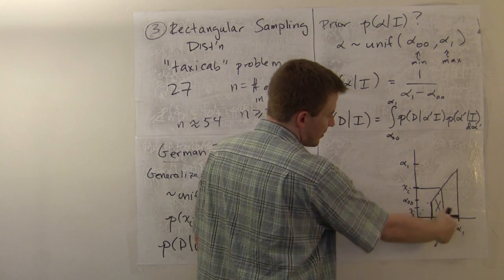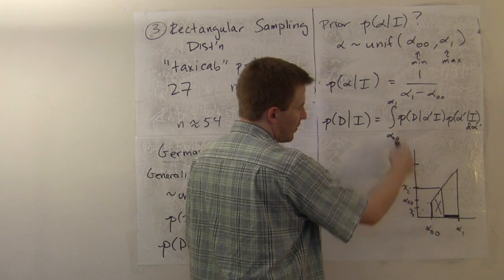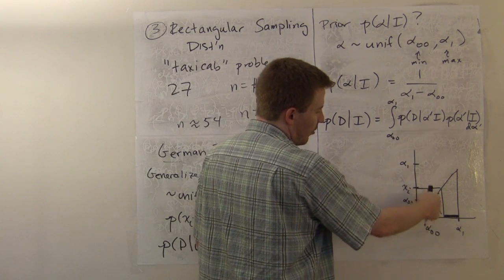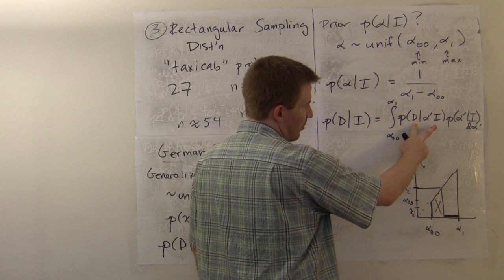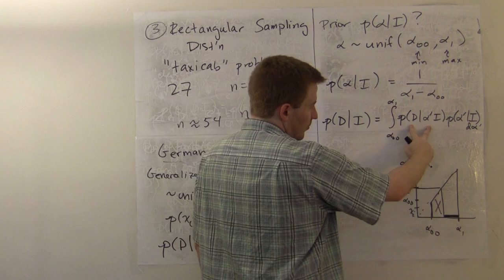So in this case, let's say we had an alpha prime value in here, and we're thinking about this data probability for a number that's greater than it, or that includes a number that's greater than it. That data probability would be 0. Okay, but it's not a big deal.